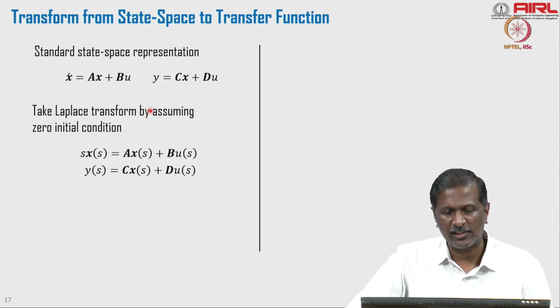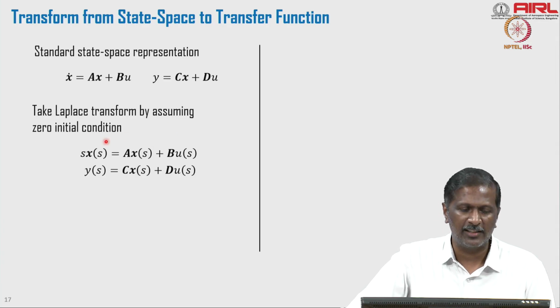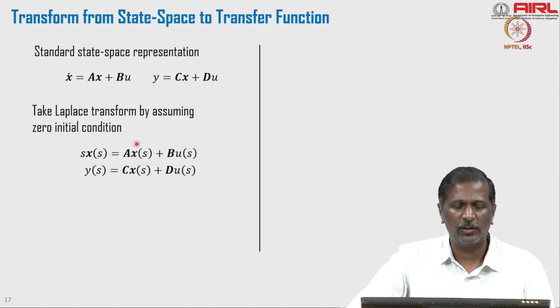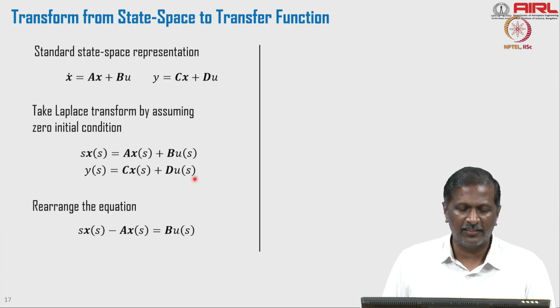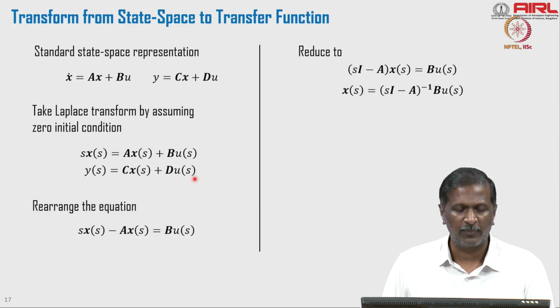I can take a Laplace transform assuming zero initial conditions, then s X(s) equals A X(s) plus B U(s) and Y(s) equals C X(s) plus D U(s). I can rearrange this: sX(s) minus AX(s) equals BU(s).